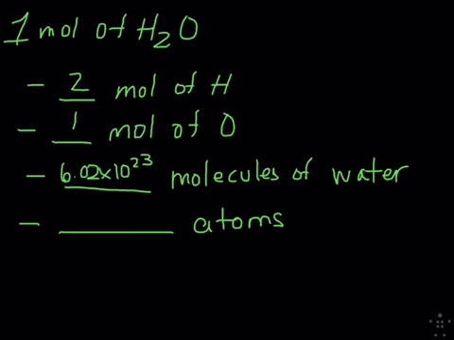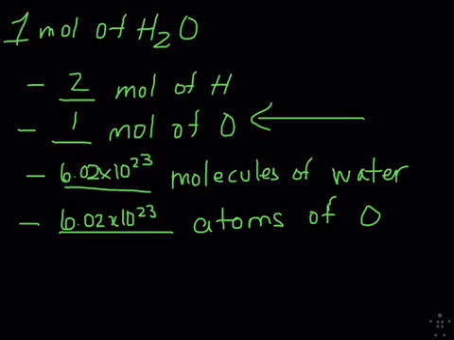Always look to moles to find atoms. How many atoms of oxygen? 6.02. Good. Like I said, look to moles to find atoms. That's how many moles we had, so that tells you how many atoms.